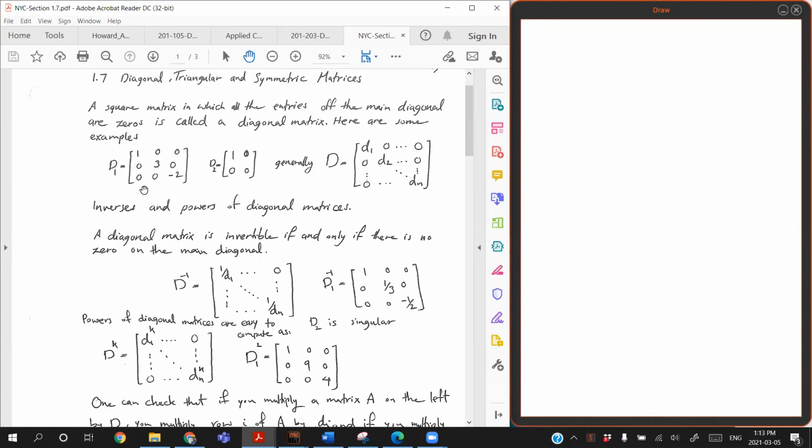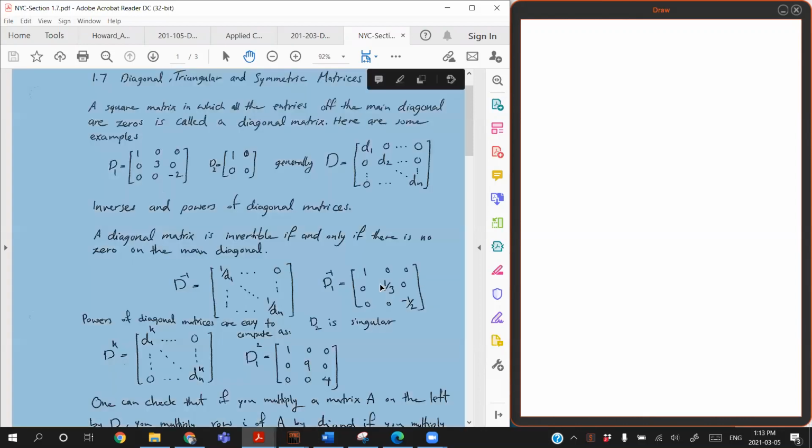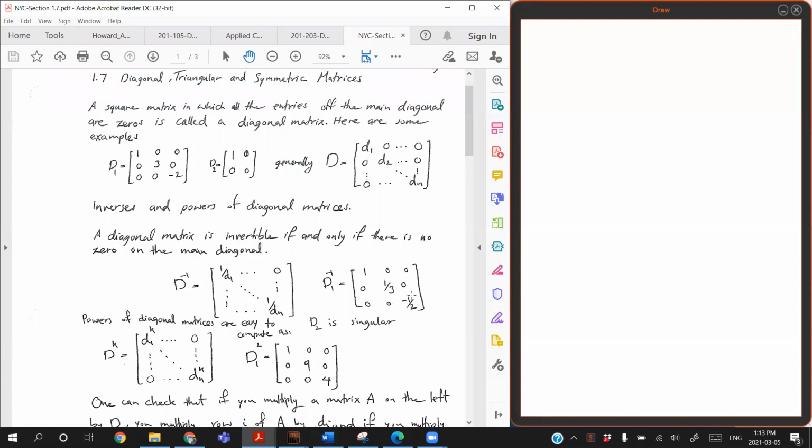Like D1 inverse, as I've shown here, is going to be the inverse of 1, which is 1. And then in this position, the inverse of 3, which is 1/3, or the reciprocal of 3. And finally, in this position, third row, third column, the inverse of -2, which is -1/2.